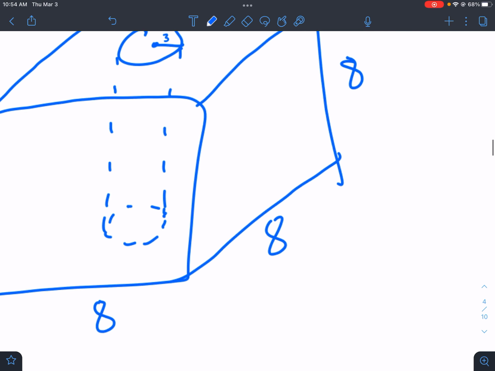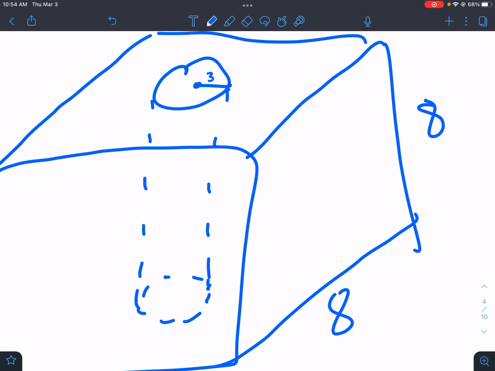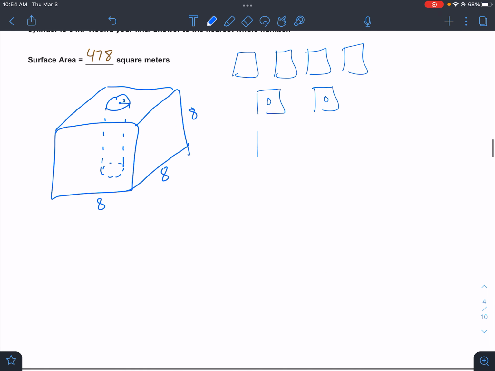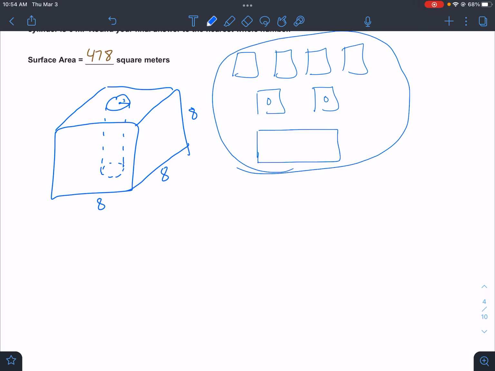Now, here's the tough thing, this cylinder is a hole. We can see the lateral part of that cylinder. That would be a long rectangle. These are the surfaces I have to account for. The 4 squares without a hole, the 2 squares with a hole, and then I have to add on the lateral of the cylinder, because that is a hole.